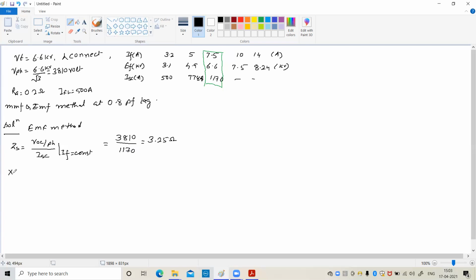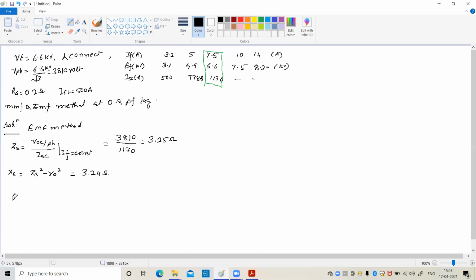Now the synchronous reactance is the square root of ZS square minus RA square, so it is equal to 3.24. Now we know the value of synchronous impedance and synchronous reactance.